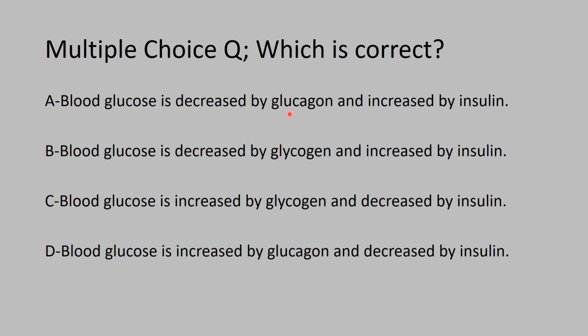So we know it's not the first one because glucagon increases blood glucose and insulin decreases blood glucose. We know it's not this one because glycogen is how the glucose is stored, so that's not correct. Again, we've got glycogen being mentioned here, so that's also incorrect. So that leaves us with D.